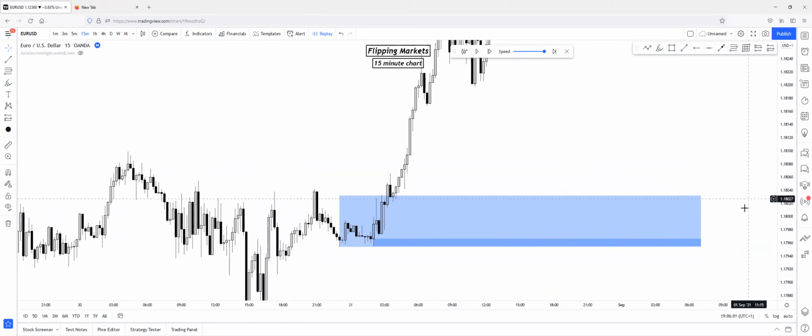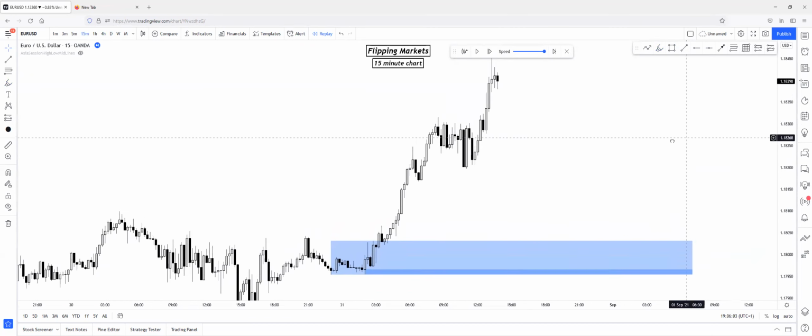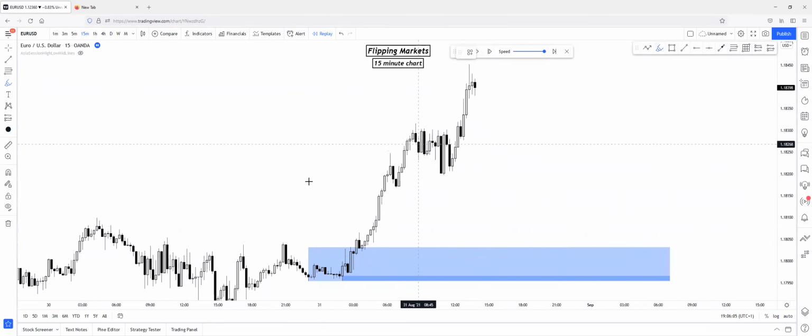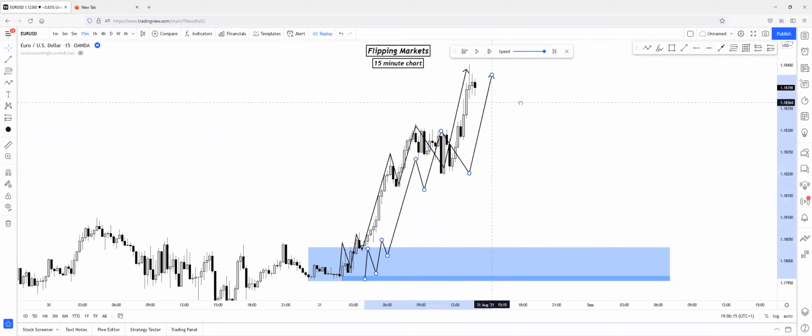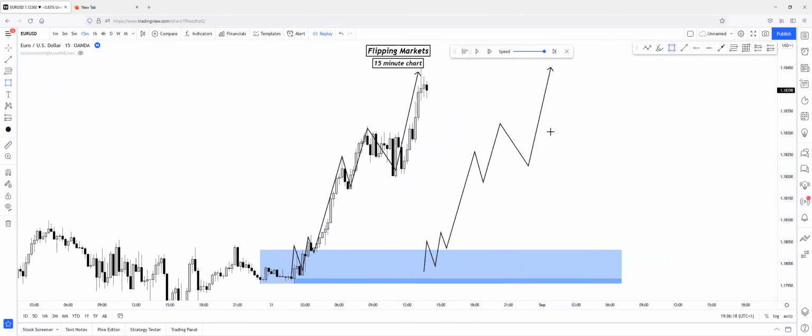Okay, so as you can see on the 15-minute chart, the structure looks like this, creating a series of higher highs and higher lows, creating demand zones over and over again. I will just move it here. You can see it's creating demand zones, respecting demand zones, and creating a series of higher highs and higher lows.